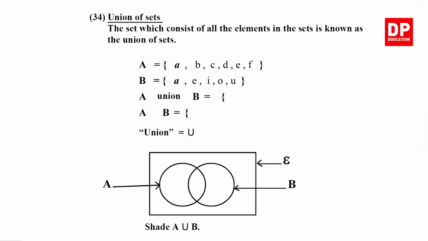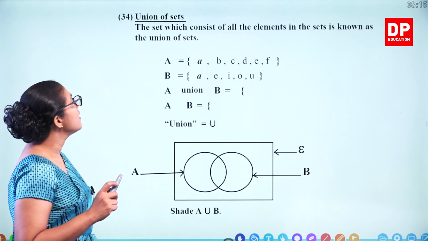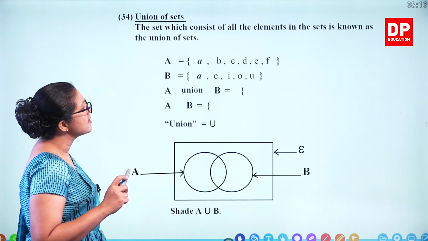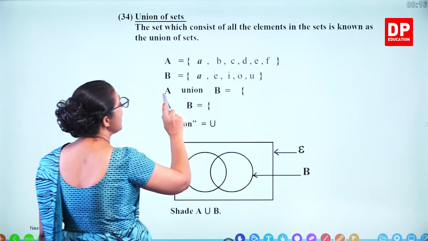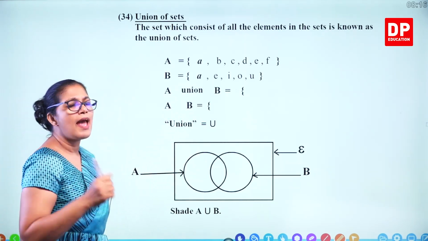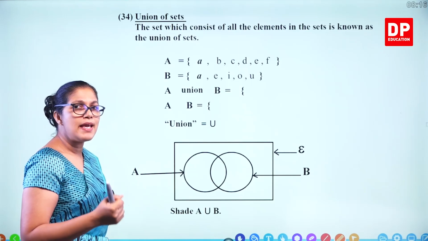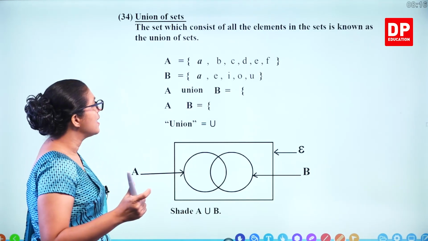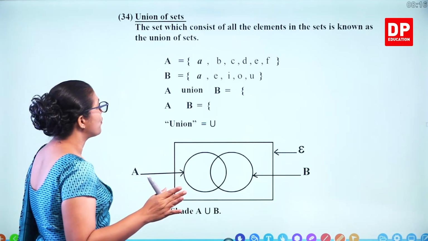What is union? Now you learned a lot of terms. We did intersection, now union. The set which consists of all elements in the sets is known as the union of sets. So look at A and B. A union B means elements in A as well as elements in B, A or B. We have to consider all elements in both.